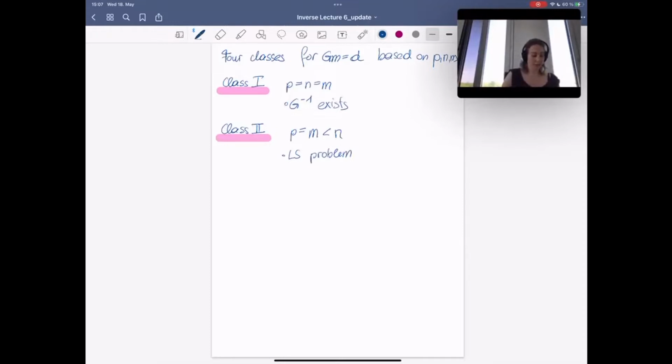So more equations than unknowns, which yields multiple solutions, but only one that actually minimizes the misfit to the data. As it's minimizing the misfit, unfortunately, the data cannot be fit exactly in this case. How does the least squares solution look like? We have the inverse of G transpose G, G transpose d.